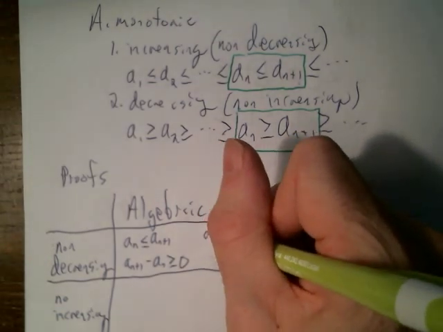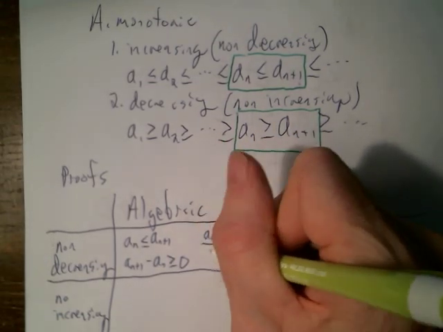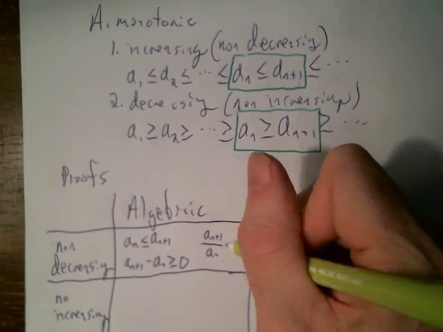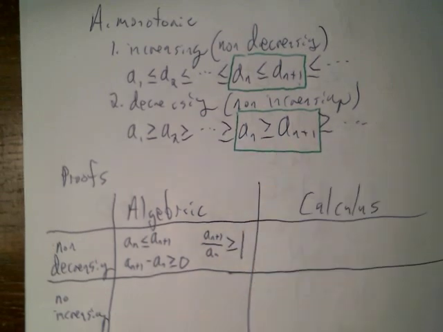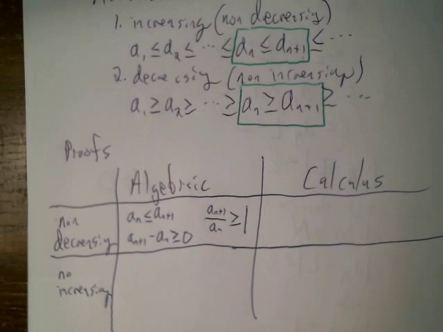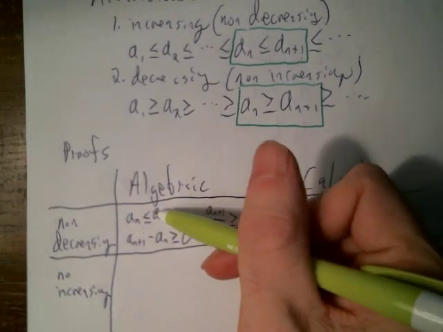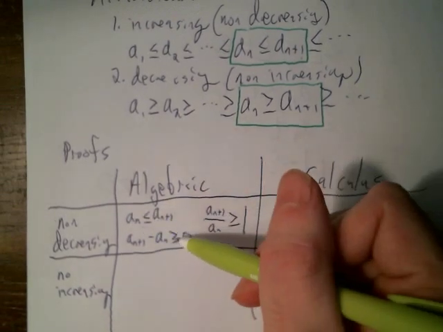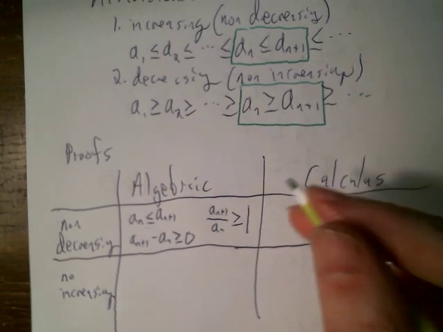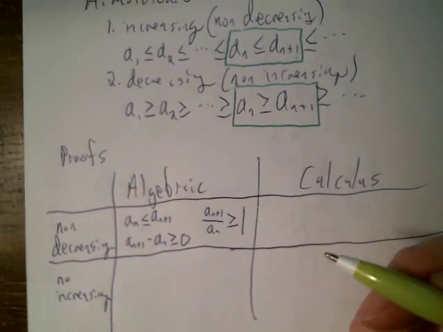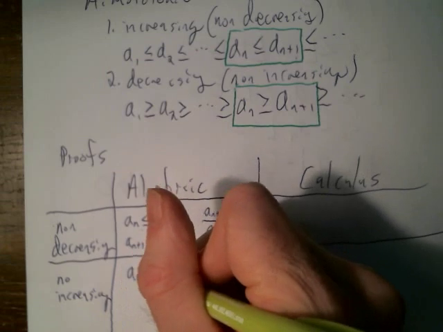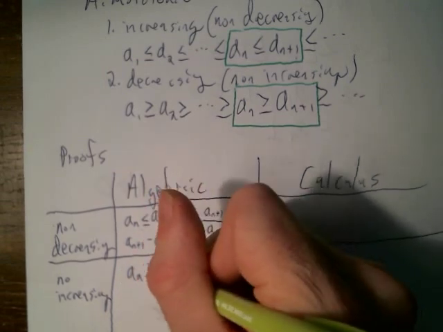Or you want to prove that a sub n plus 1 divided by a sub n is greater than or equal to 1. Okay, so it's just by manipulating this original inequality that I get these other types of proofs. So for non-increasing, it's just a reversal of the inequality type.